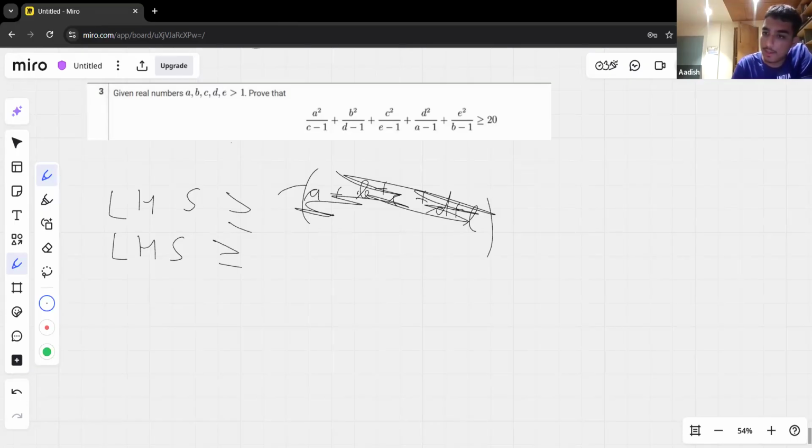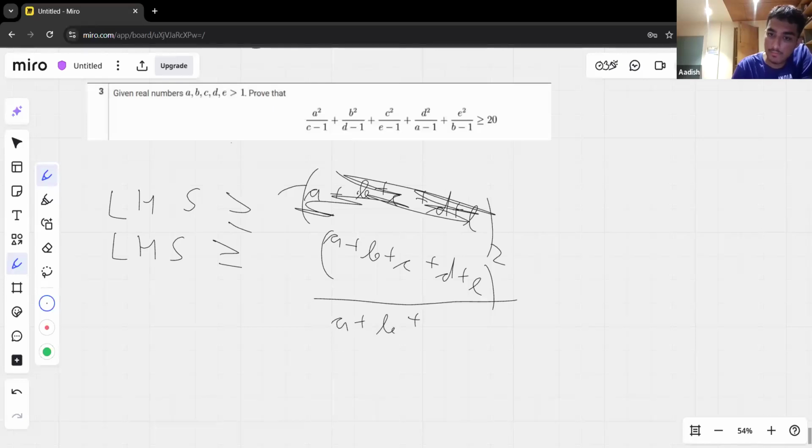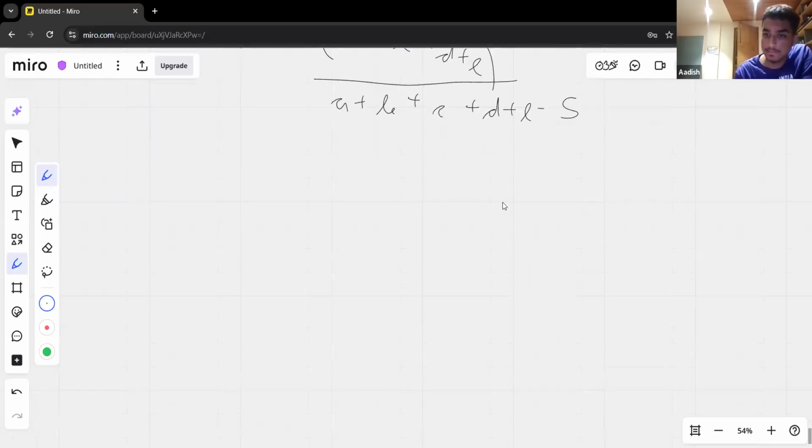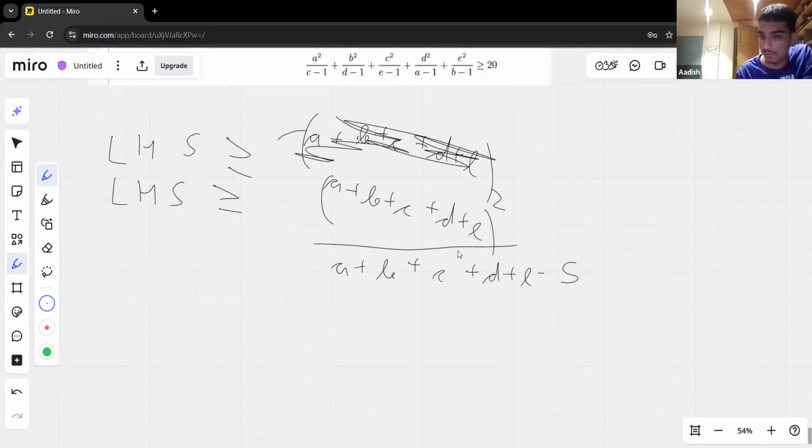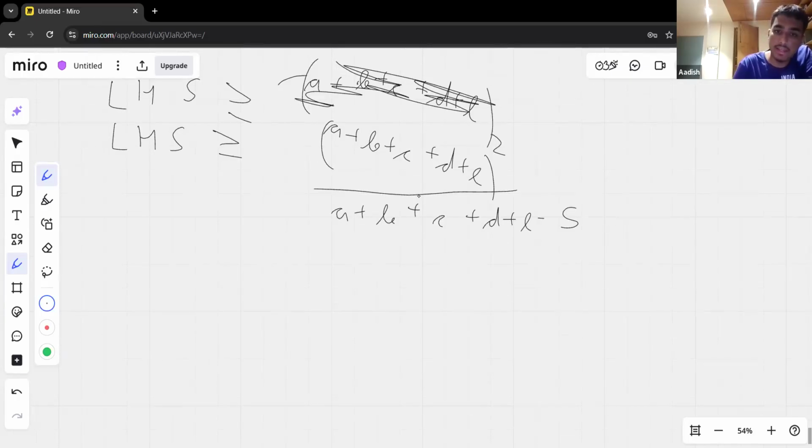So by Titu's lemma, the LHS is greater than or equal to the square of the sum over the sum of the denominators minus 5. Now, I will take the denominator to be x.